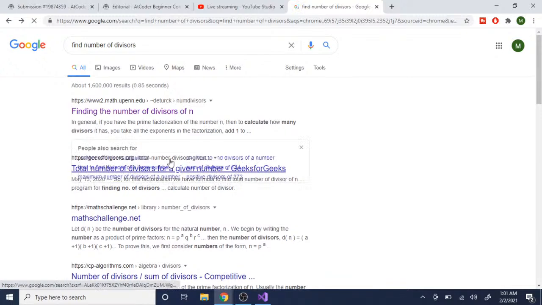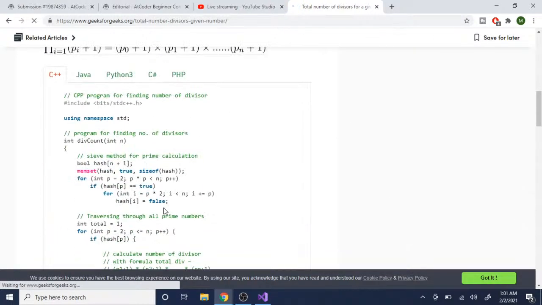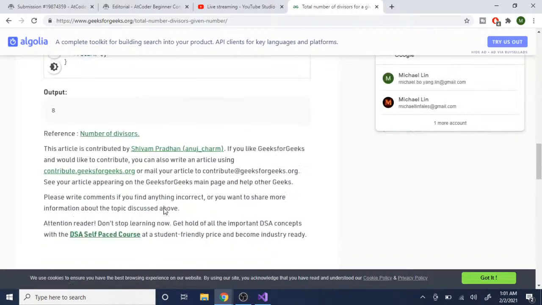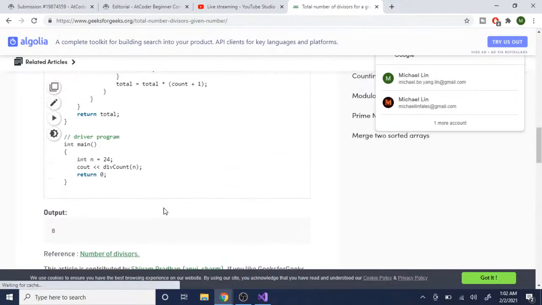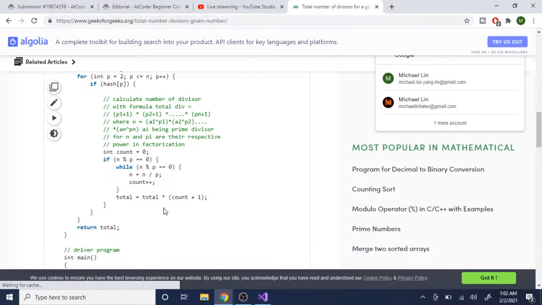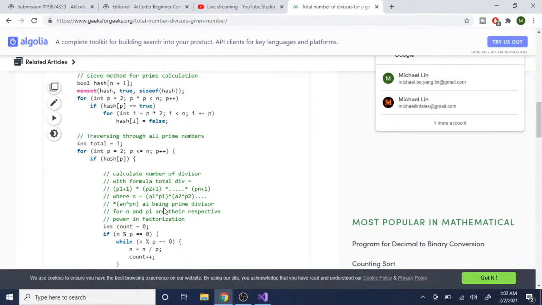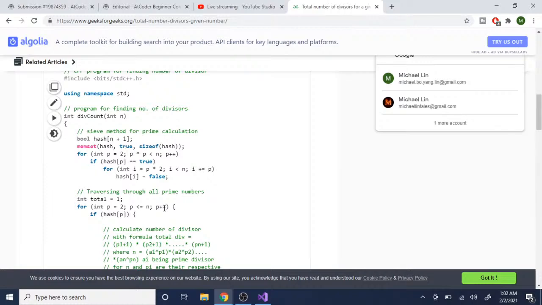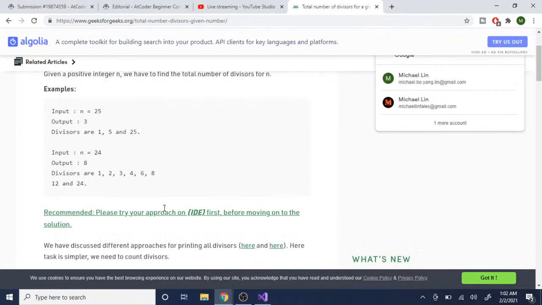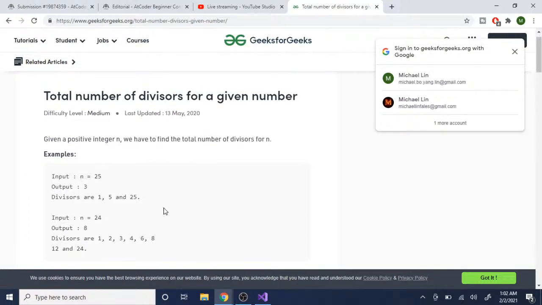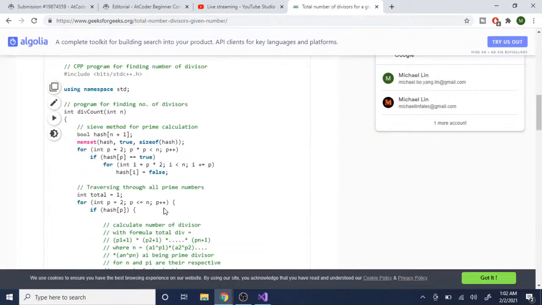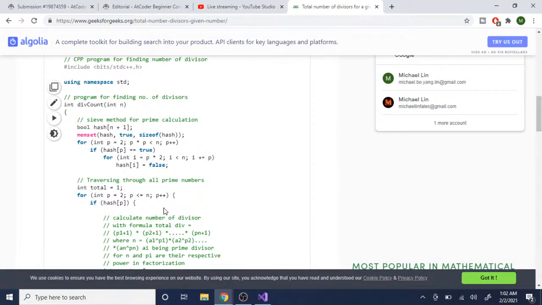Total number of divisors for a given number. Use a sieve for prime calc.